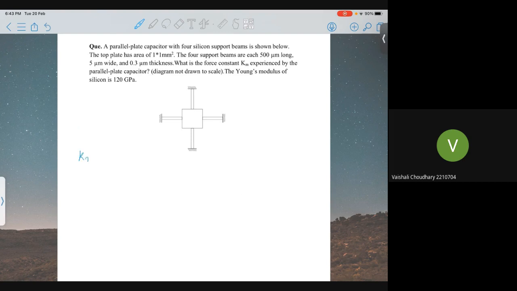So, Km we can calculate as E b h cube by 4 L cube.